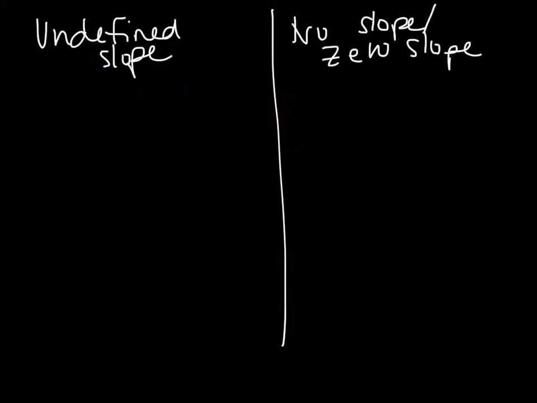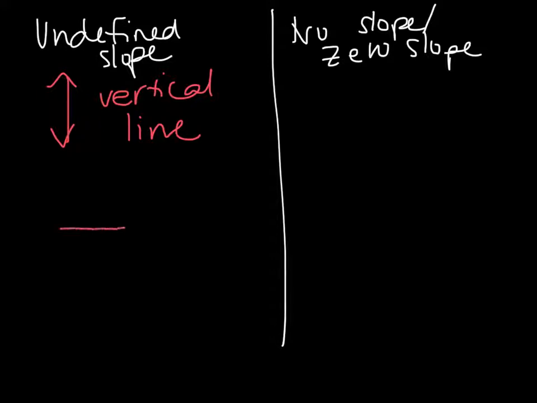So an undefined slope, we just said, is a vertical line. It's an undefined slope because it is steep, but it's so steep that we can't even put a number to it. When I use my slope formula, y2 minus y1 over x2 minus x1, remember, this is the rise and this is the run.